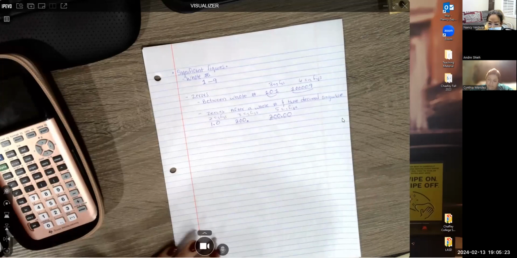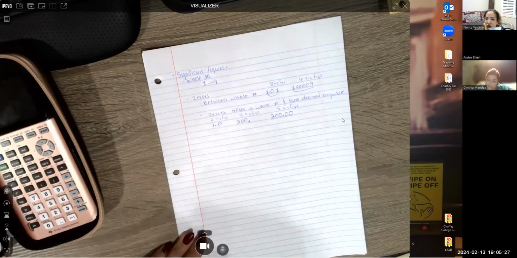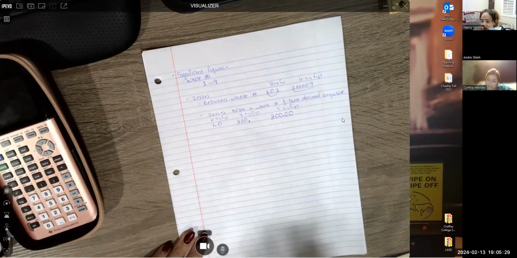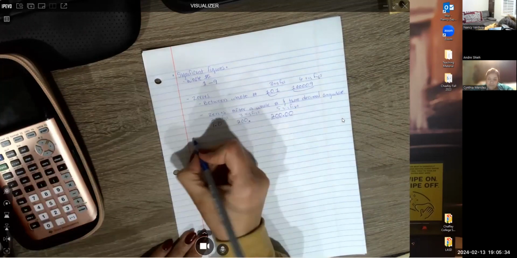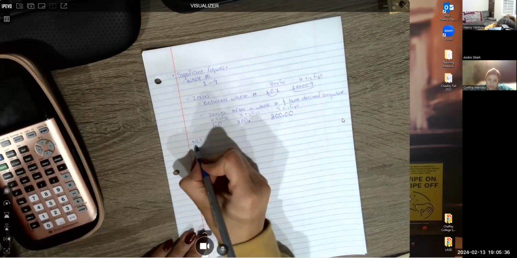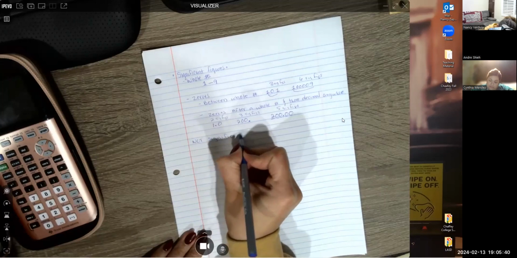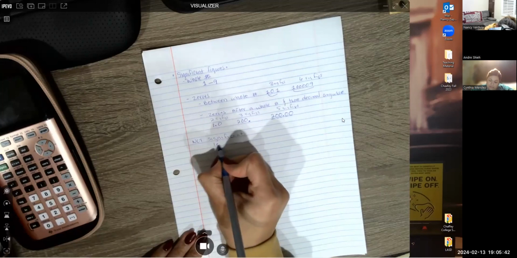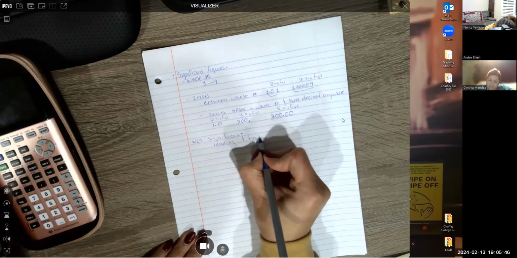So then we're gonna look at the ones that are not significant, and it's easier to remember the ones that are versus the ones that aren't, right? So this is everything that's significant. The ones that are not significant are leading and trailing zeros.